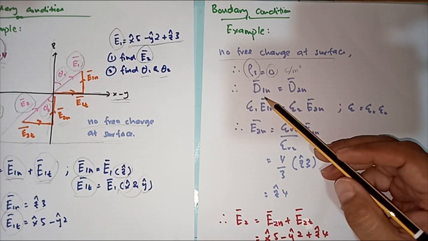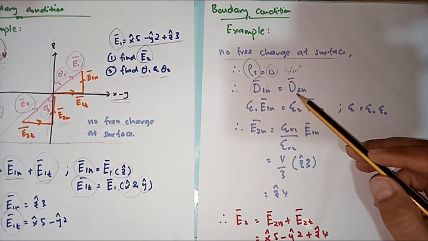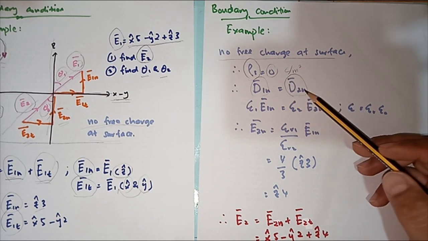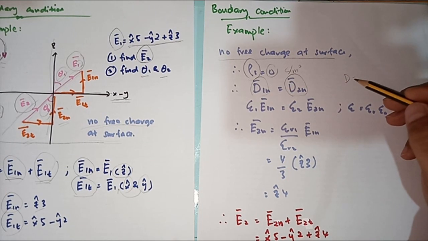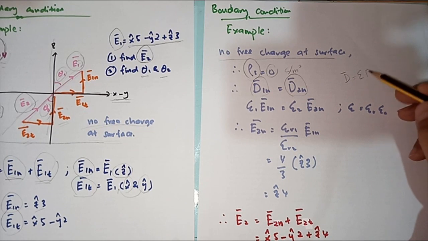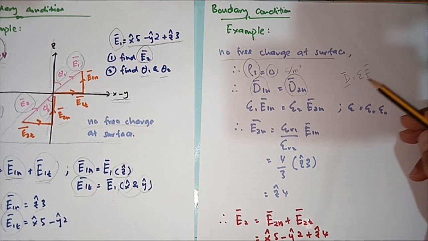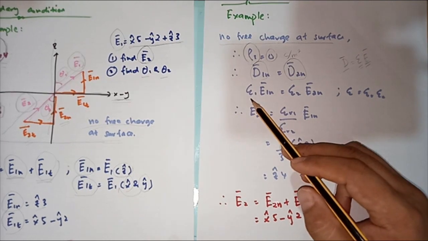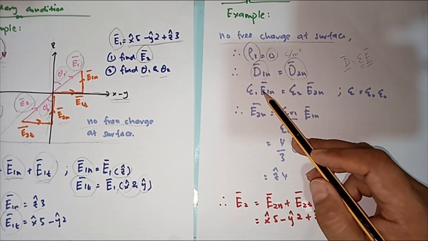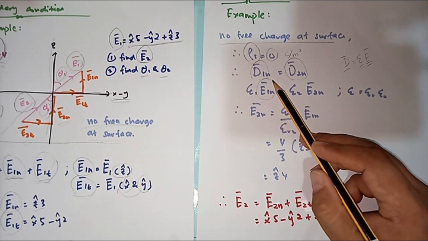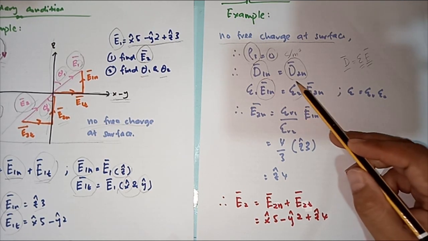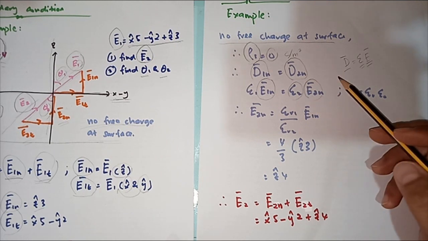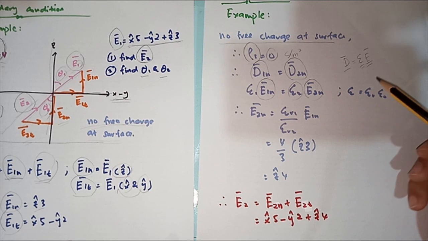Therefore, the normal component for D1 is equal to the normal component for D2. The vector of D is equal to epsilon multiplied by the vector of E. Then we have epsilon 1 multiplied by the vector of E1n, the normal component for the electric field for E1, equal to epsilon 2 multiplied by the normal component for the electric field intensity that exists in the second medium.